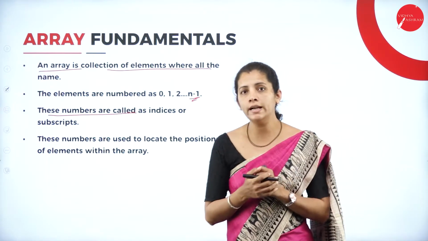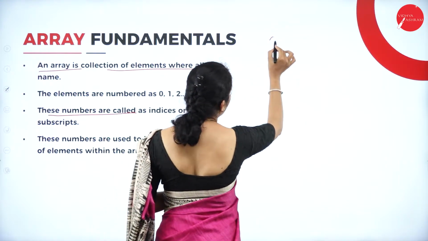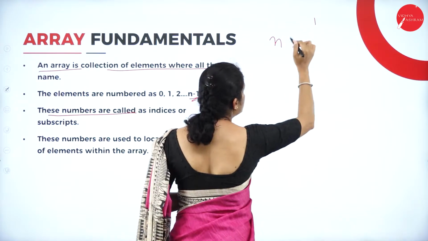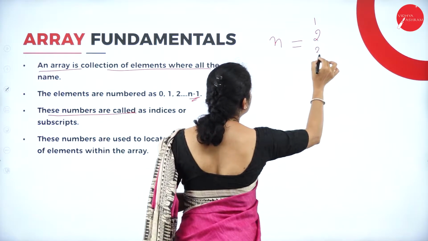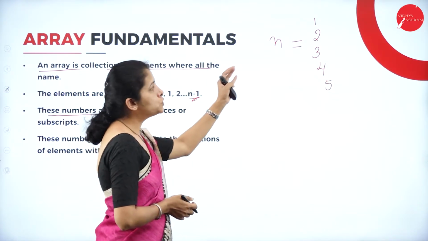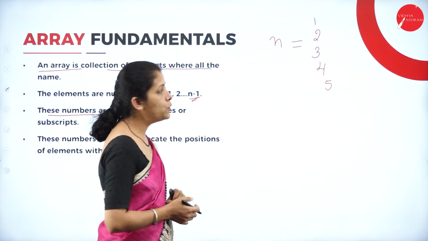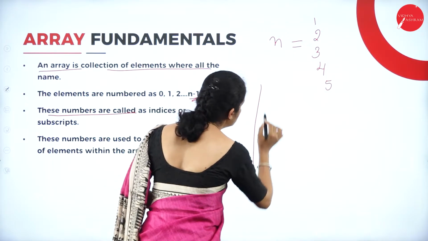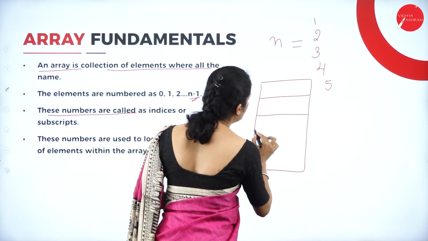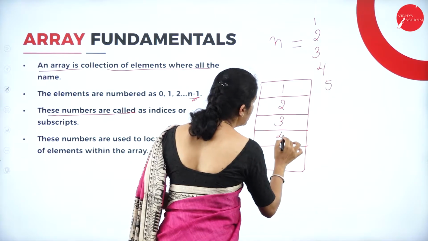Now, dear student, let me consider an example here. Think that I have n values, say 1, 2, 3, 4, and 5. Now, I want to store these values in my computer memory. Think that this is our computer memory, and I'm going to store the values one after another.